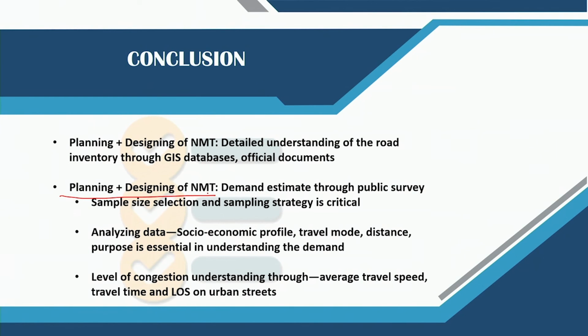We have given you how to determine the demand by conducting surveys, and in the surveys how do you determine sample size, what is the sampling strategy that should be used, how do you analyze different types of data, socioeconomic, travel mode, distance, and then how do you understand the level of congestion using average travel speed formulas, and how do you conduct that study.